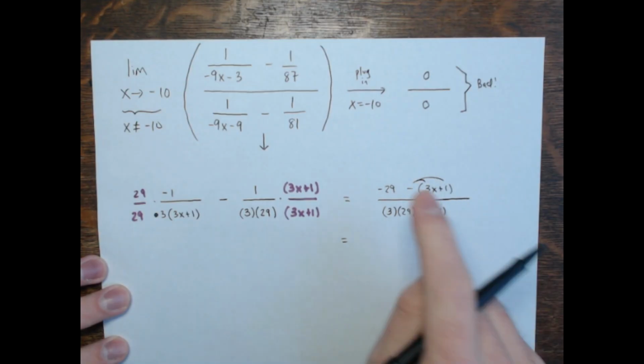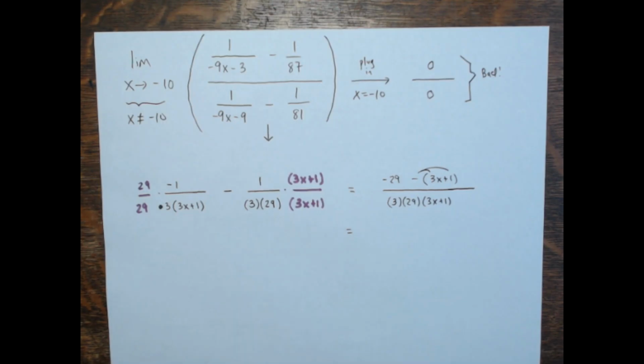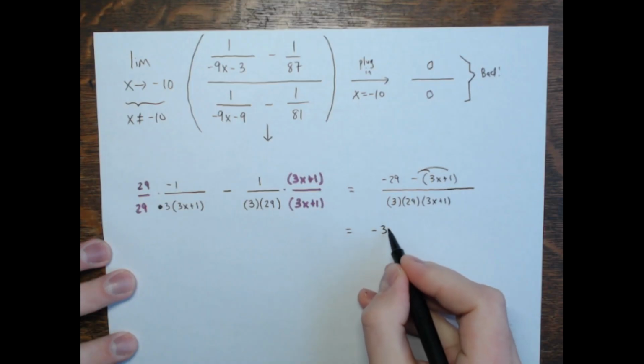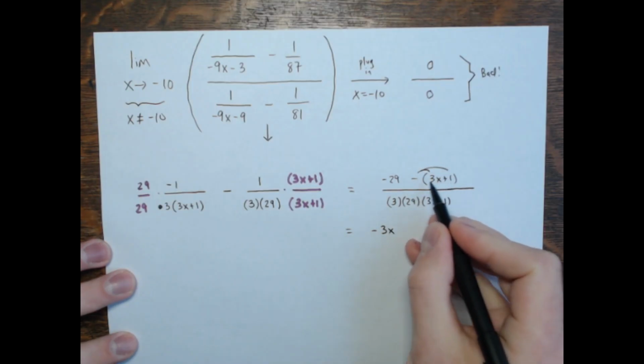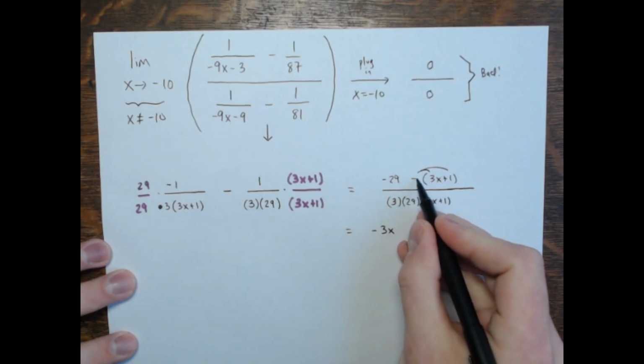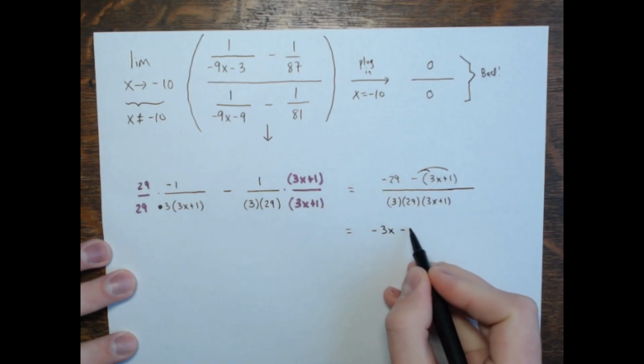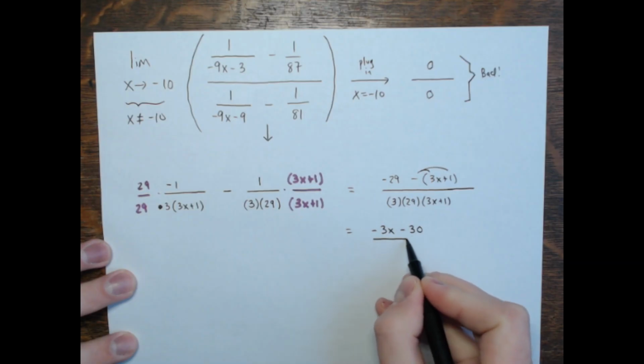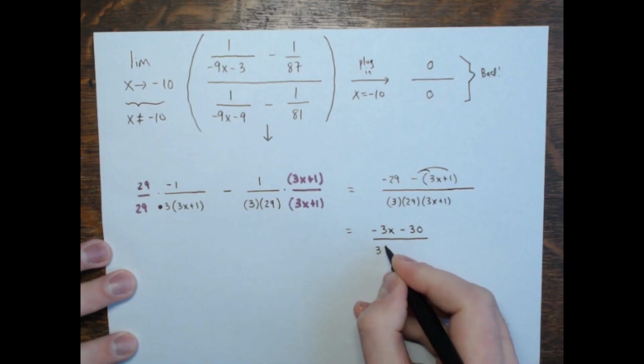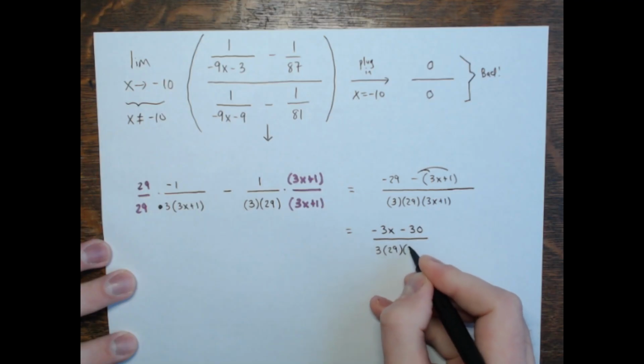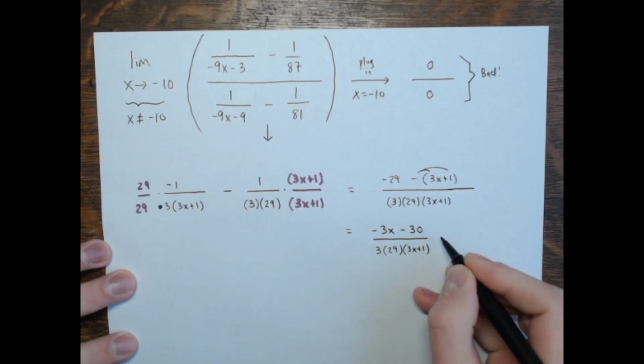So this is going to be above the main bar. All right, so you've got -3x, and then here's -29 minus 1, that's minus 30, over 3 times 29 times 3x plus 1.